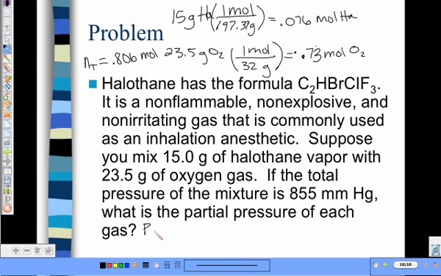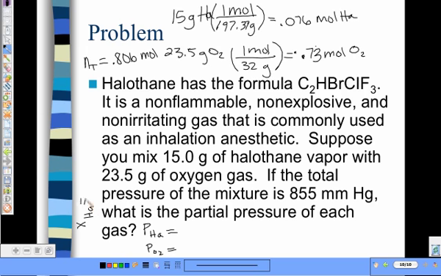So then you would find mole fractions for each. Yep.